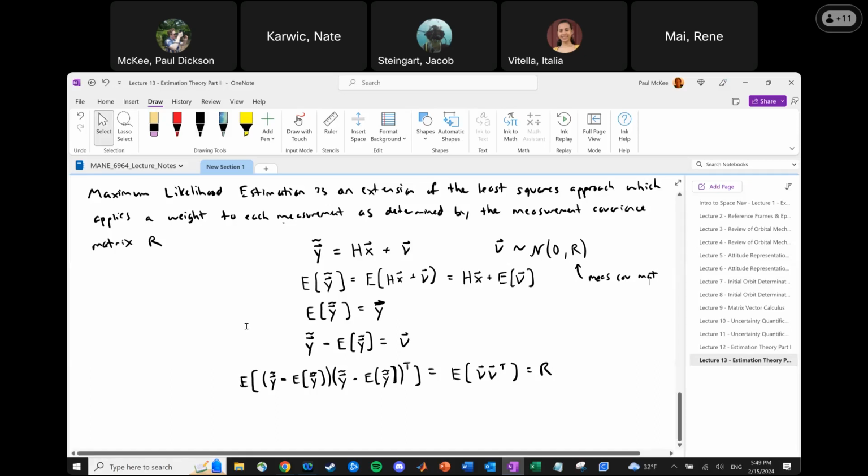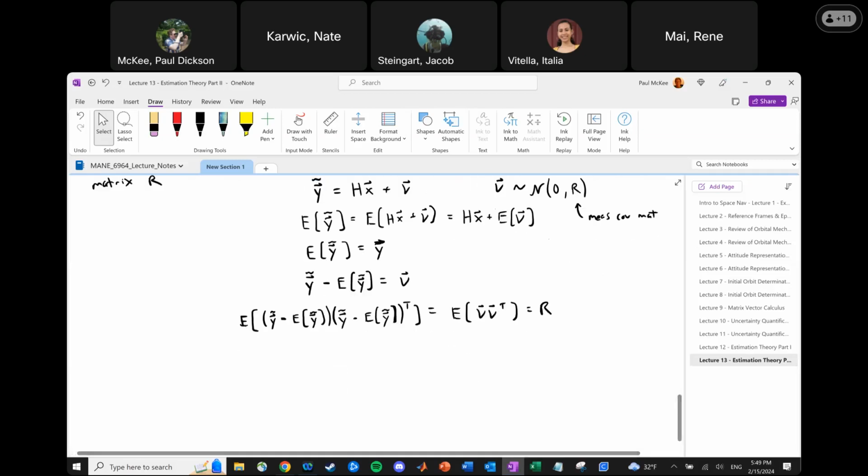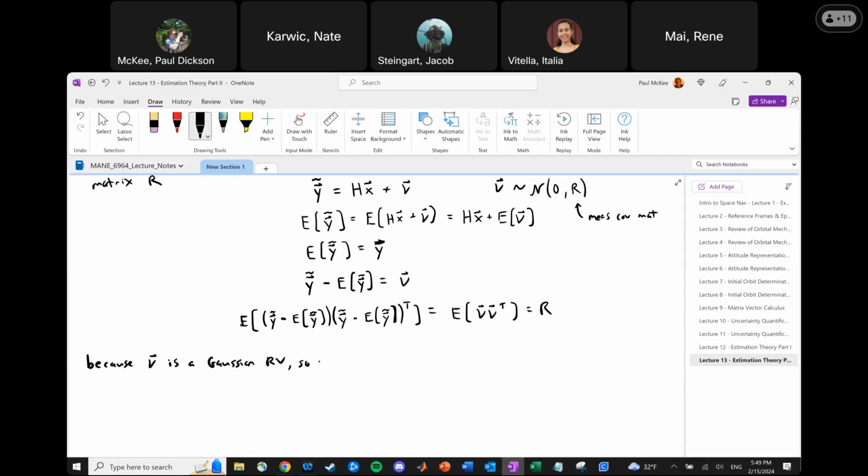Because nu is a Gaussian random vector, so is Y. If you add Gaussian noise to something that doesn't have any noise, then we can treat that as also being Gaussian distributed.